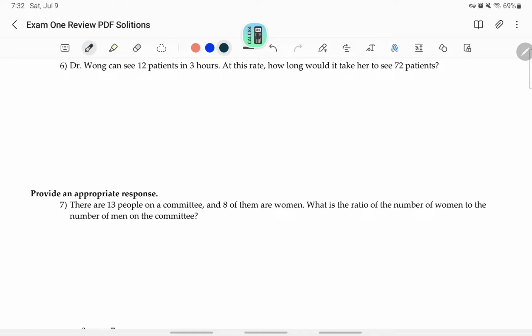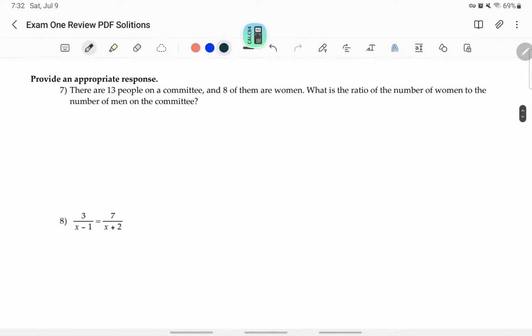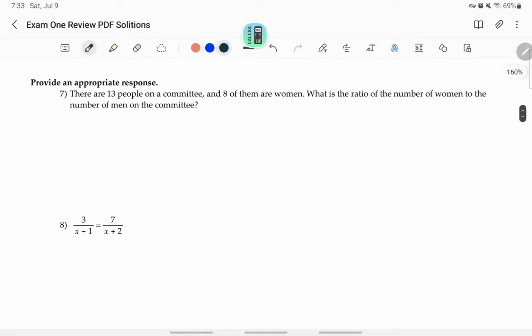Now, it says here for number 7 first. Provide an appropriate response. There are 13 people on the committee, and 8 of them are women. What is the ratio of the number of women to the number of men on the committee?